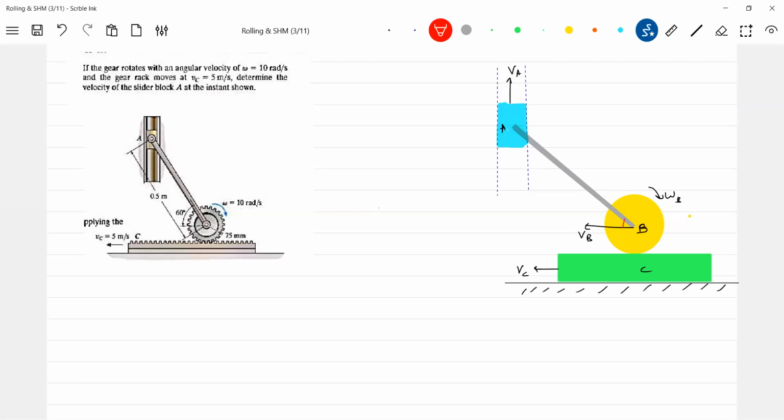Okay, this is the thing. Whenever a rod is there, the length of the rod should remain constant. So the component of velocities of the ends along the rod must be equal. That's the one thing. With the help of that, I'll get the VB.